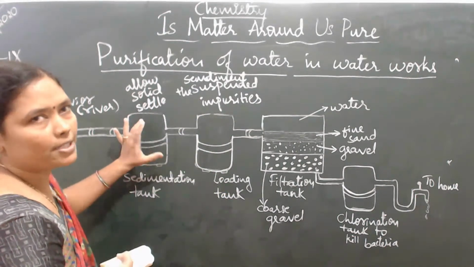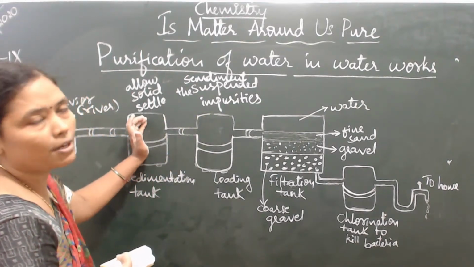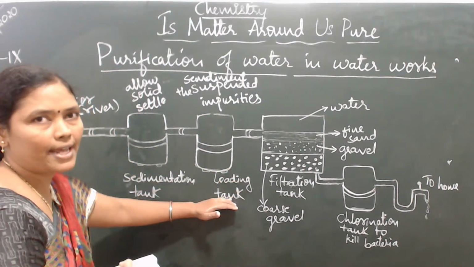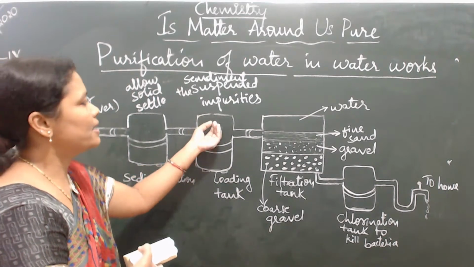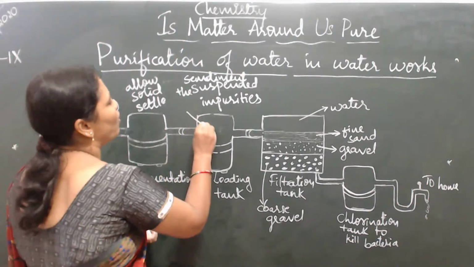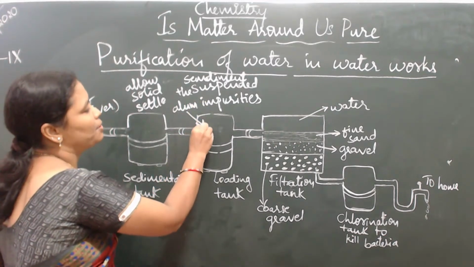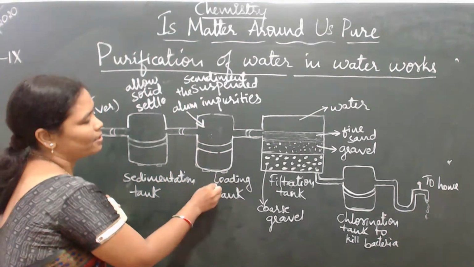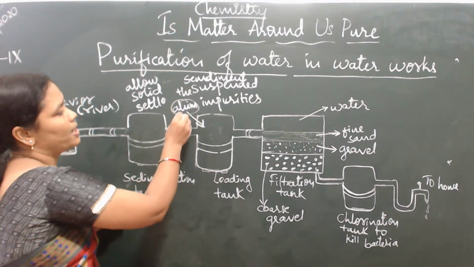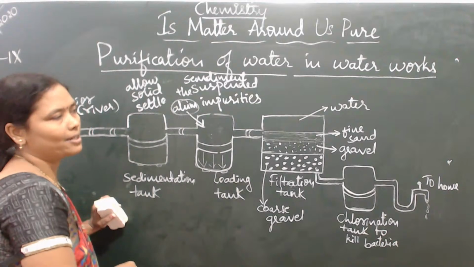Here the lighter particles are suspended, and we have to add a piece of alum. The impurity particles present in the water attach to the particles of alum, and with the help of gravity, they settle down again.